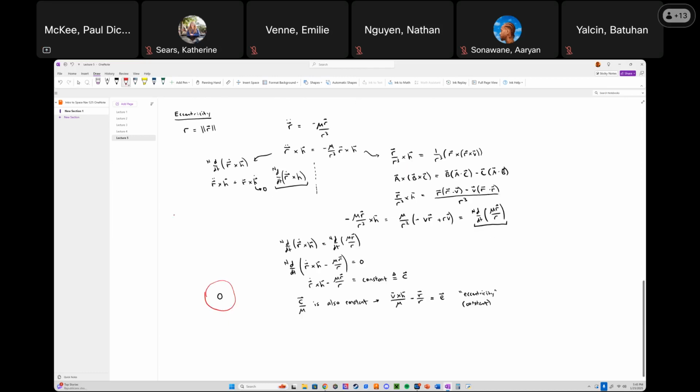Maybe I should have just started with some head and then erased all the other features, but that's my best circle. So this is the E equals 0 or circular orbit case. Now, let's see, what other markers can I use? Let's do maybe orange. Let's see how orange looks.